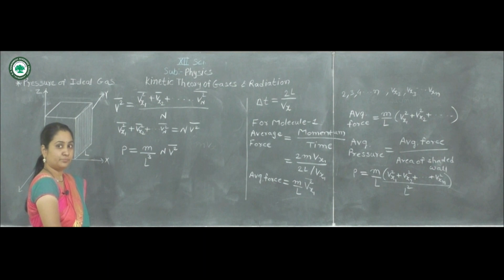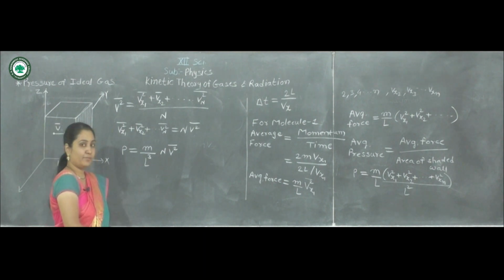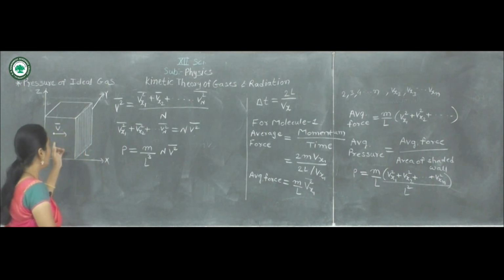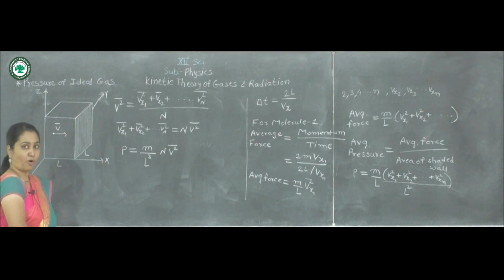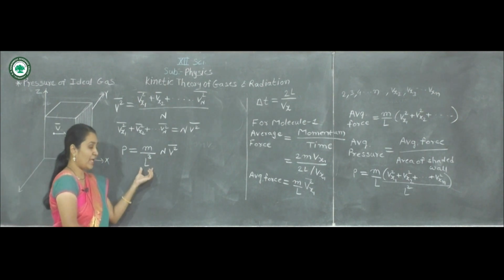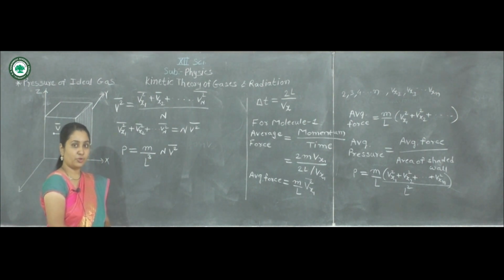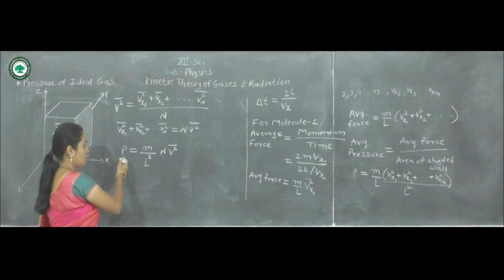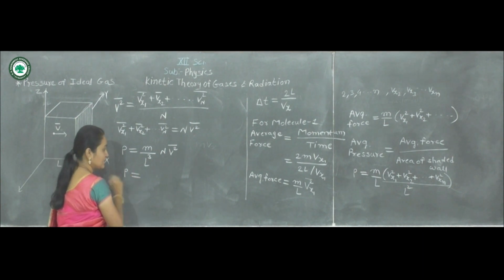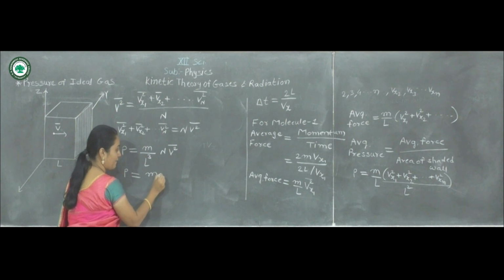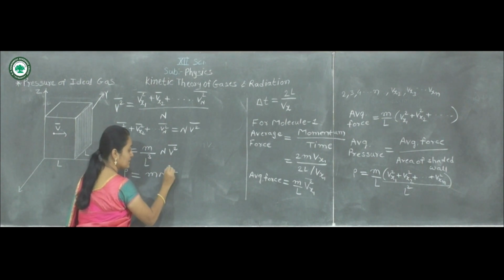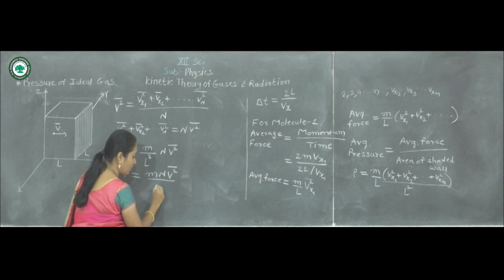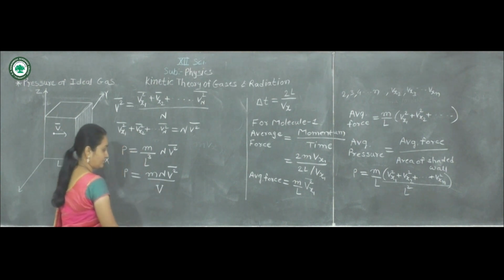So now L cube is nothing but the volume of this cubical box. So instead of L cube, we can substitute volume V. So this pressure P is equal to m n V square bar upon volume V.